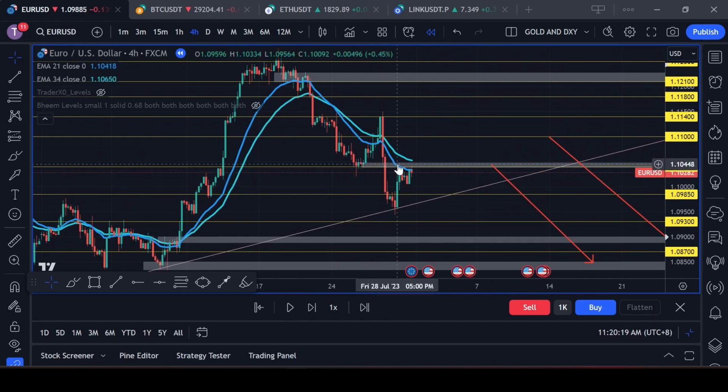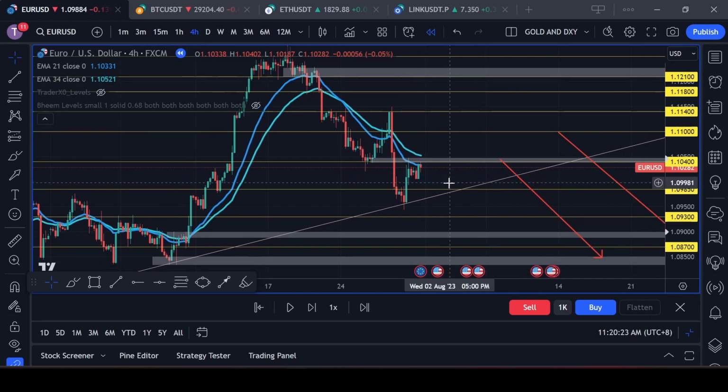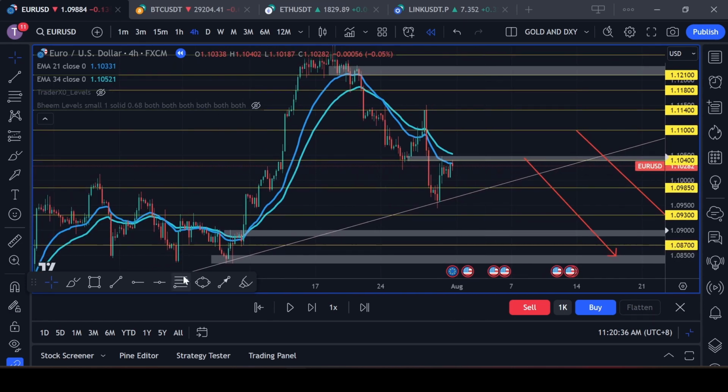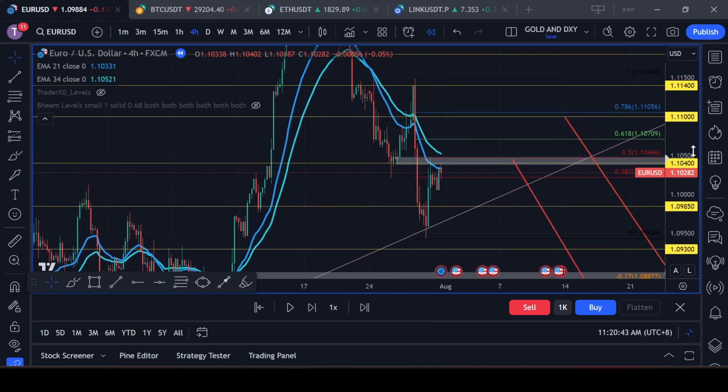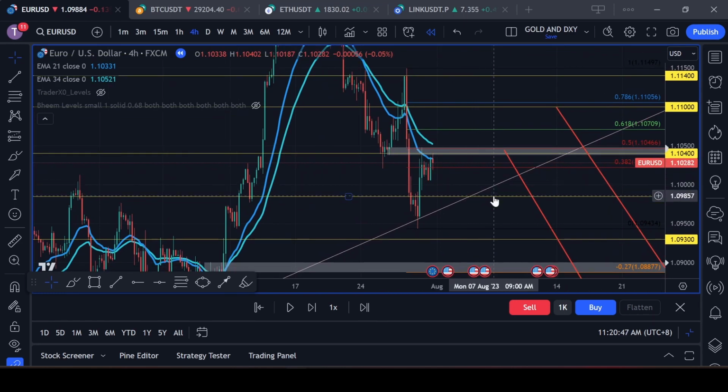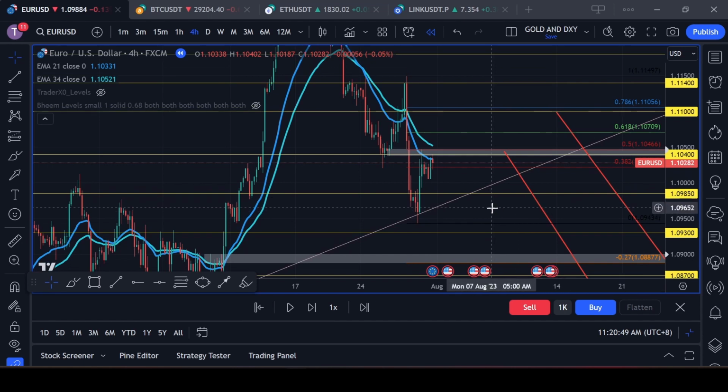So this was definitely an area that I'm interested to short at. If price fails to break this area, paired with the resistance area over here, plus a double top formation, which is a bearish reversal, plus if you use the fib from the top to the bottom, this was the 0.5 fib area, which is confluence for a short trigger that I would take.